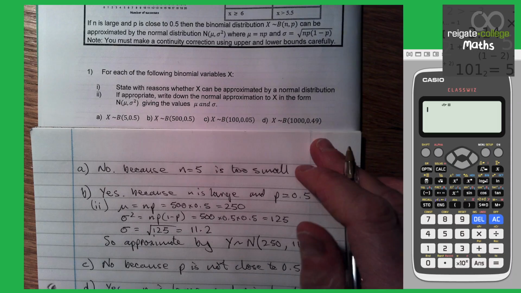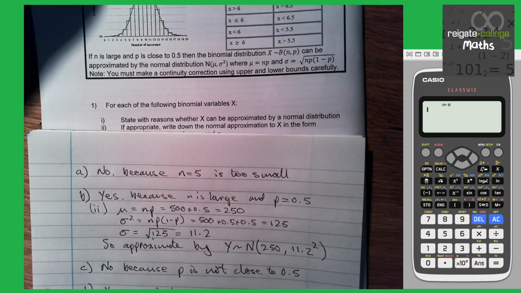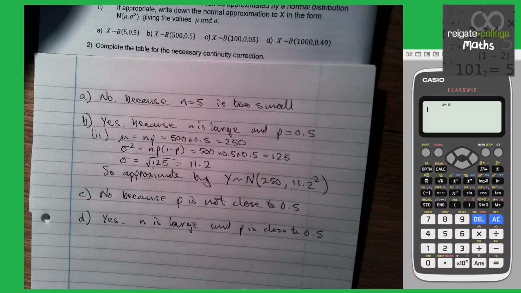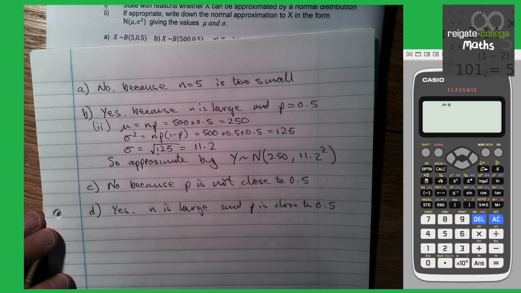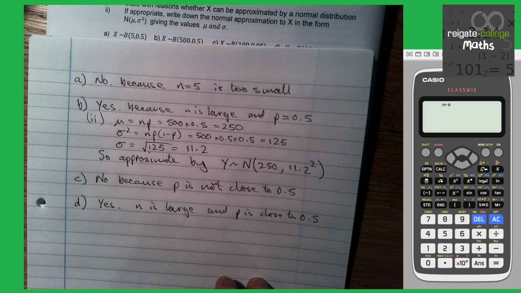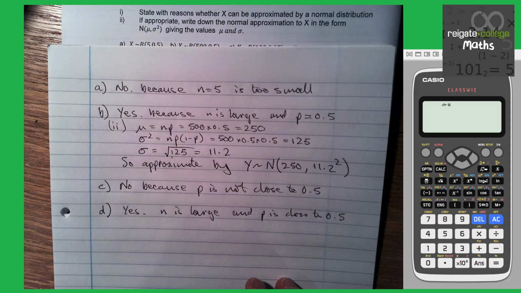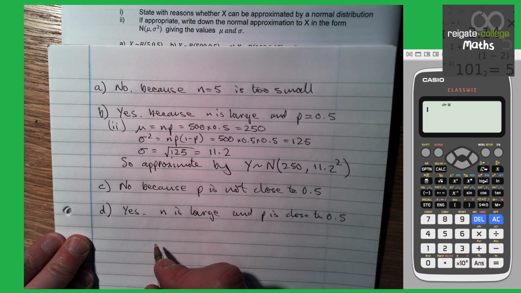Okay, 0.49 we're going to say is close enough to 0.5. Oh, that's a bit wonky, isn't it? Let's try that. That's better. So again, we're going to work out the mean and the standard deviation.